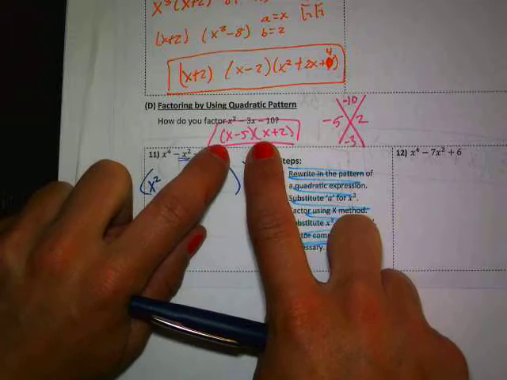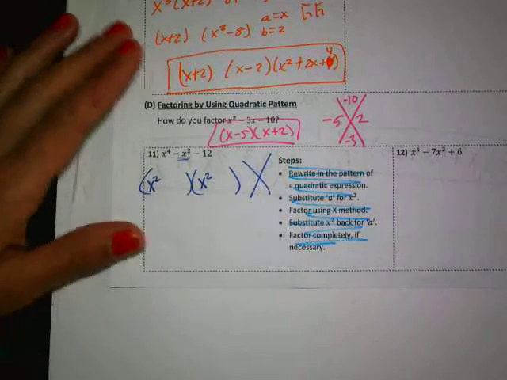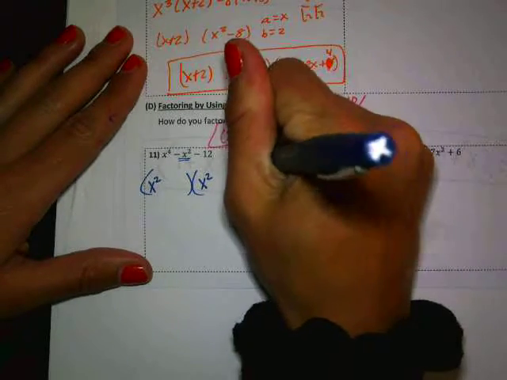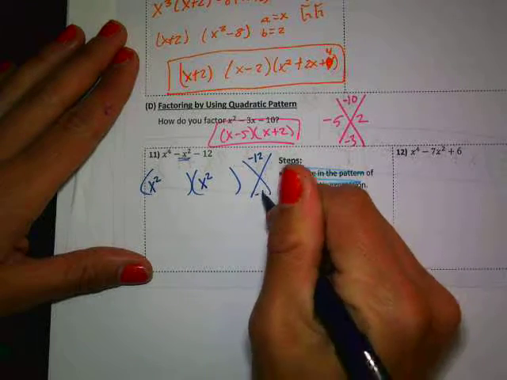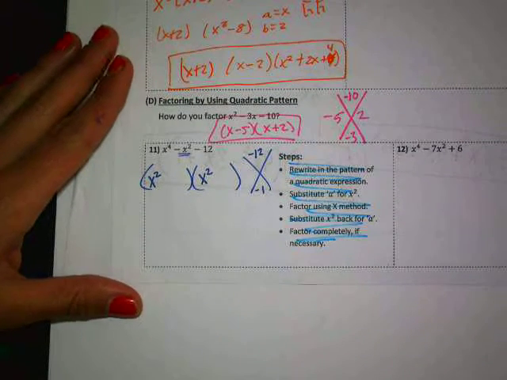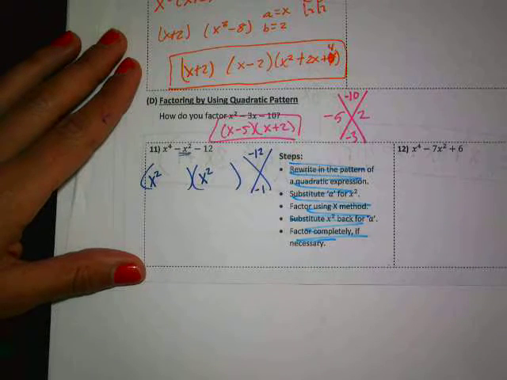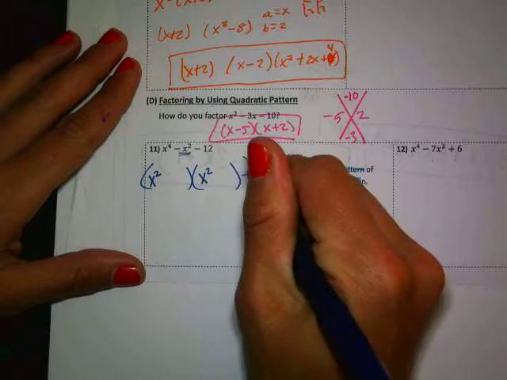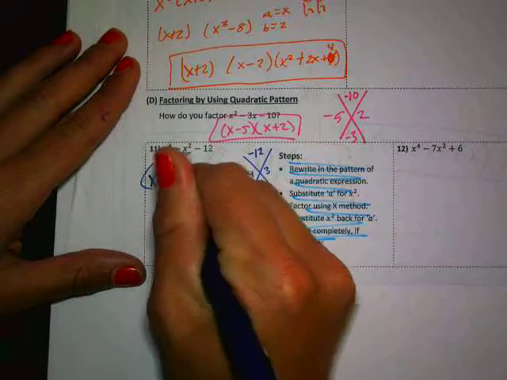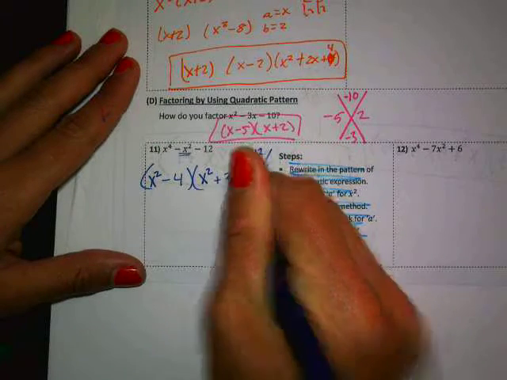Other than that, it's all the same thing. What multiplies to give me 12, adds to give me negative 1? Negative 4 and positive 3. So minus 4, plus 3.